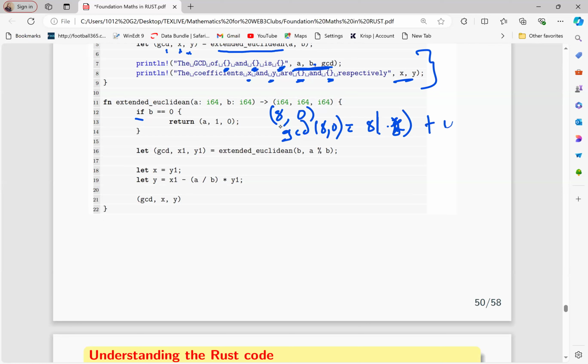Supposing this is what we have. So this is what it's telling us.